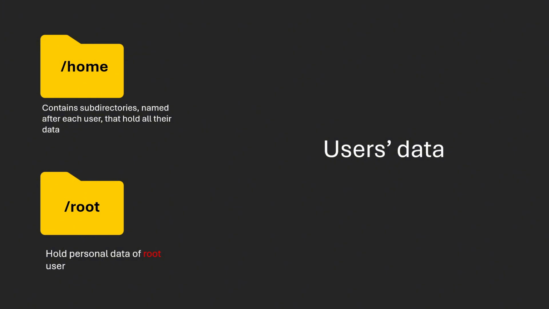They're something like the C:\Users username folders in Windows. /root is for personal data of the root user, so the superadmin, and /home is for all the other users. The default template of a new user's home directory can be found in /etc/skel, spelled SKEL. I'm going to show it to you afterwards.